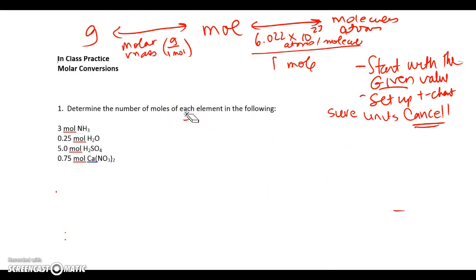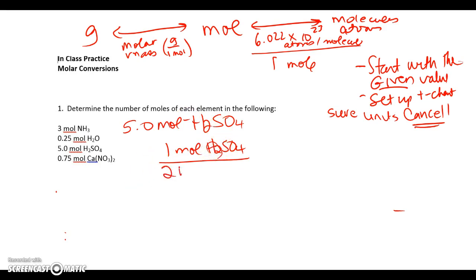Let's try this. Let's do the 5 moles of H2SO4. Well, let's write our conversion factors. For every 1 mole of H2SO4, which is sulfuric acid, how many moles of hydrogen would I have? Well, there's 2 atoms, so for 1 mole of sulfuric acid, I'll have 2 moles of hydrogen, won't I?